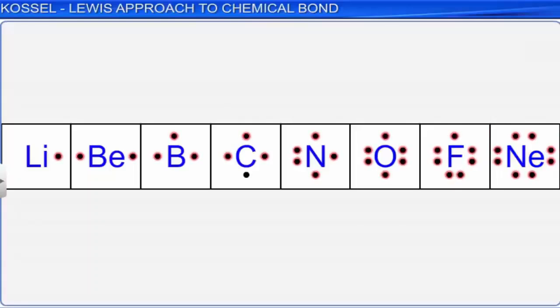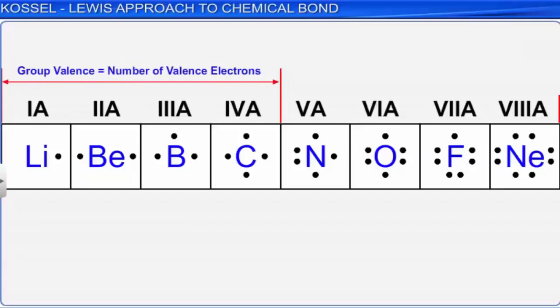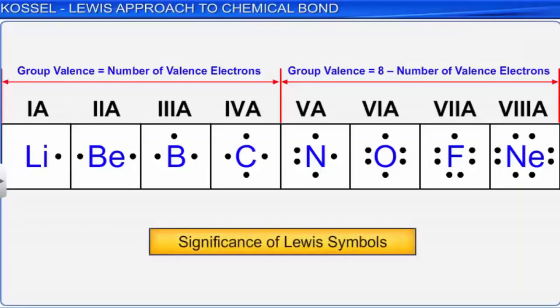The number of dots around the symbol gives the number of valence electrons. These valence electrons are useful to calculate the group valence of the element. The group valence of an element is equal to the number of valence electrons of an element, or 8 minus the number of valence electrons. This is the significance of Lewis symbols.